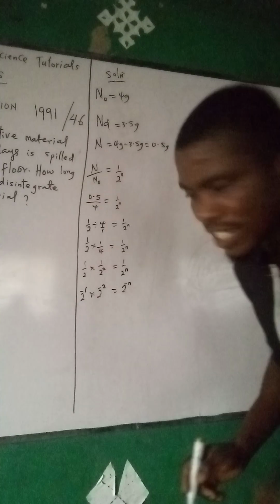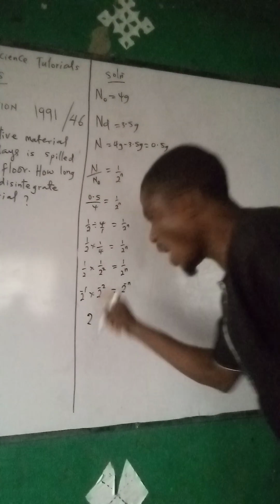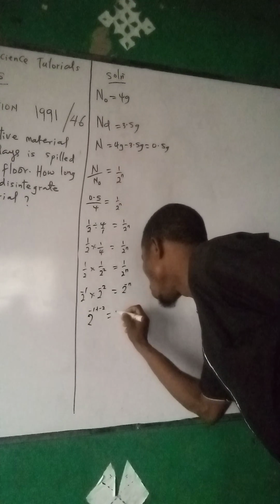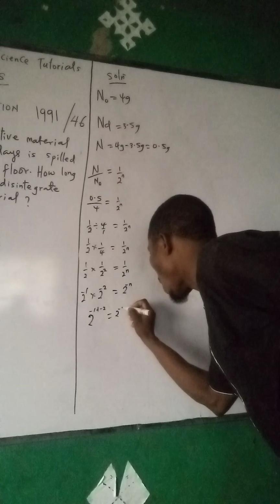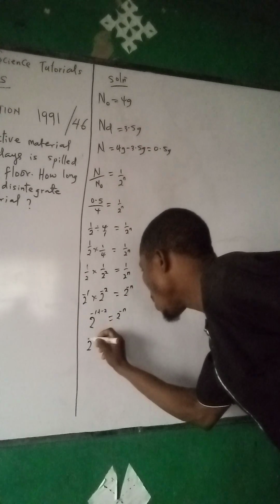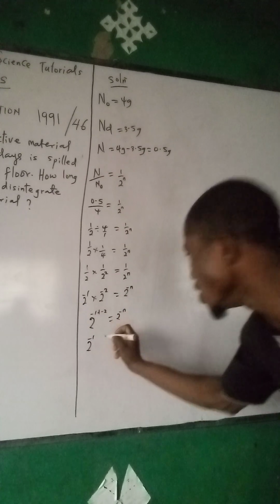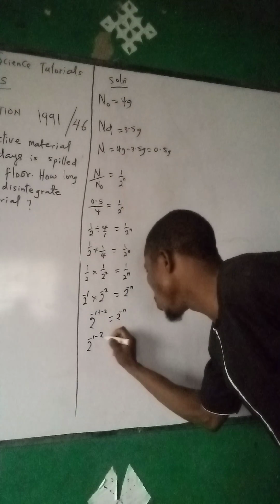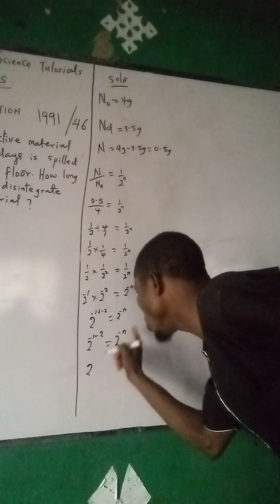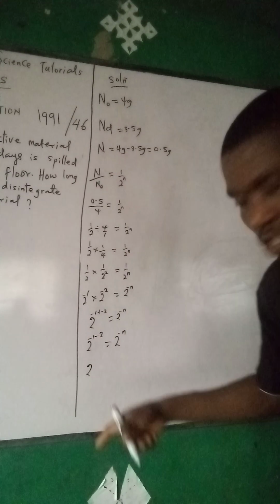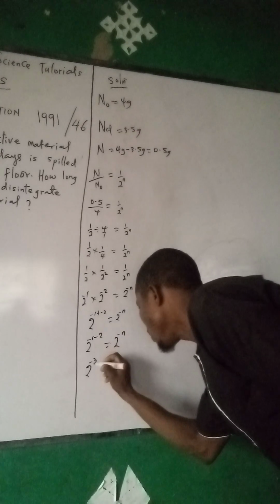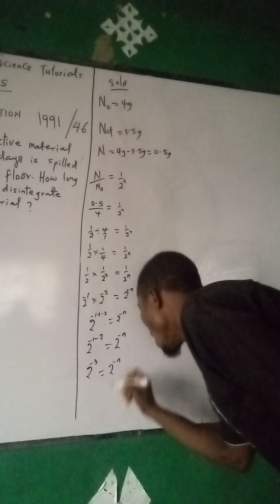Now what will I do? Let me collect like terms and add up the powers. Minus 1 plus minus 2 is minus 3, equal to 2 power minus n.